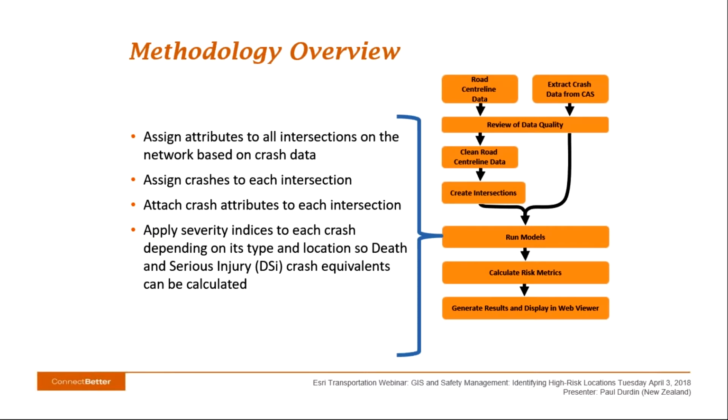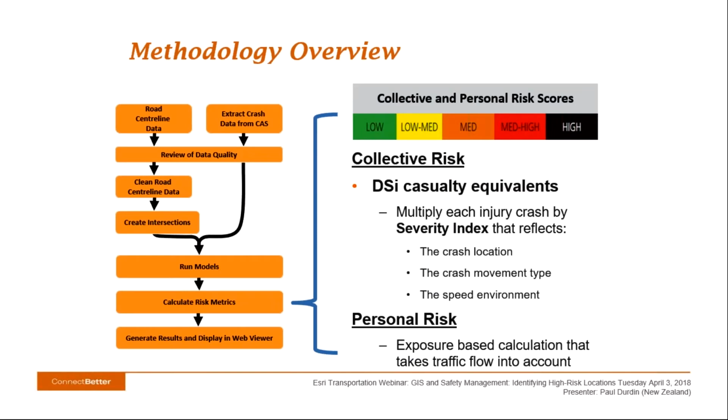These models assign attributes to all the intersections on the network based on crash data. They assign the crashes to the intersections and crash attributes to the intersections, and then apply the corresponding severity indices so that we can calculate the DSI crash equivalents. The risk metrics are then calculated for collective risk and personal risk, and we output the results and display them in web viewer format, and I'll show you an example of that shortly.